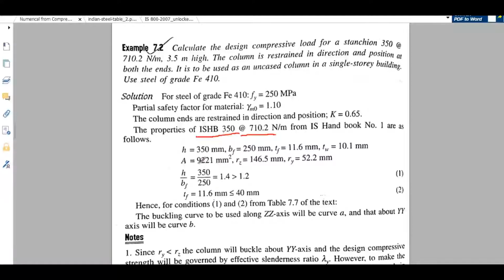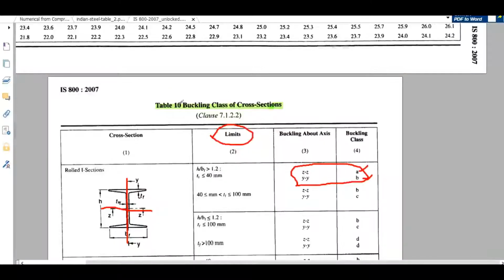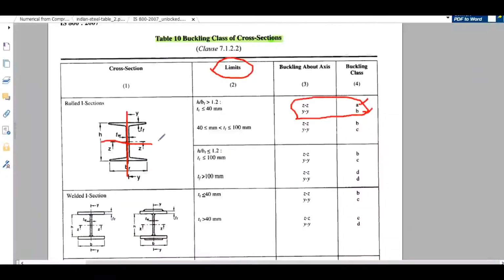First we have to select the particular buckling class from the table of buckling class of cross sections. In our case it is a rolled steel I section, so we select this cross section.